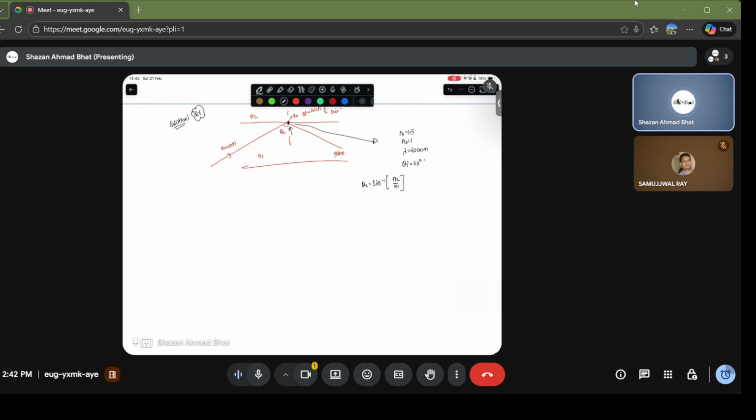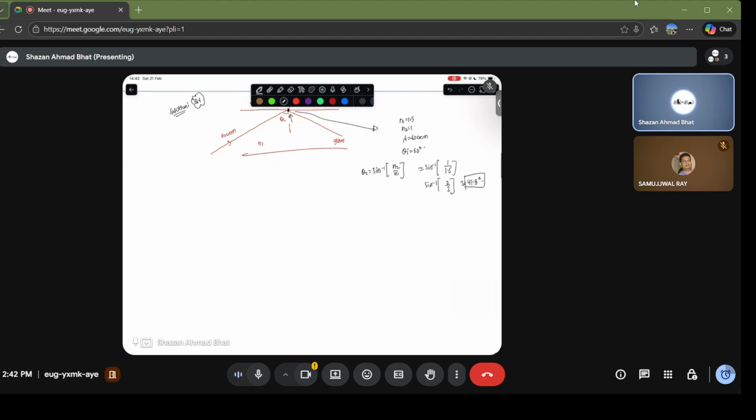If you solve this, you get sine inverse of 1 divided by 1.5, which is sine inverse of 2 over 3. This is approximately 41.8 degrees. This is the critical angle beyond which the wave goes back into the glass slab. Now, what else do we need to find?